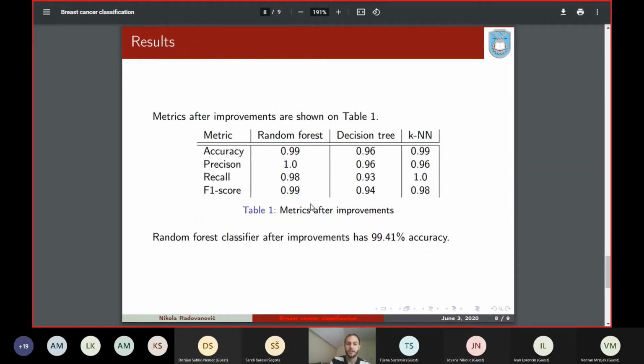And here we can see the metrics of the classifiers after performing all these improvements, and we can see that for this problem, the best performance is by a random forest classifier, which has 99.41% accuracy on the data set. But for all of these classifiers, these improvements have significantly improved the metrics.